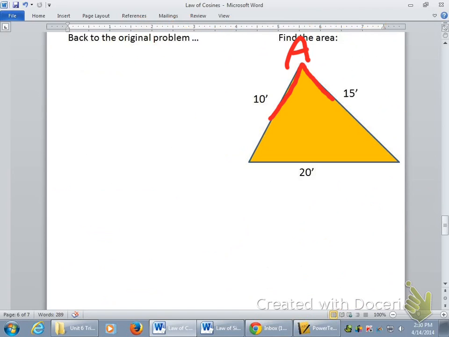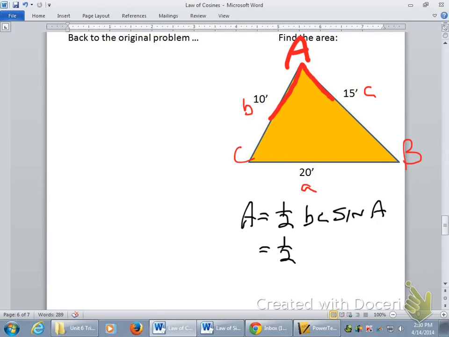Alright. So we chose this angle up top as angle A, which makes this little a. It doesn't really matter which one is B and C, but we'll call this one B and this one C. In order for me to find the area, you guys have already told me that I could use my new area formula, 1/2 BC sine A. The problem is I'm missing A, right?